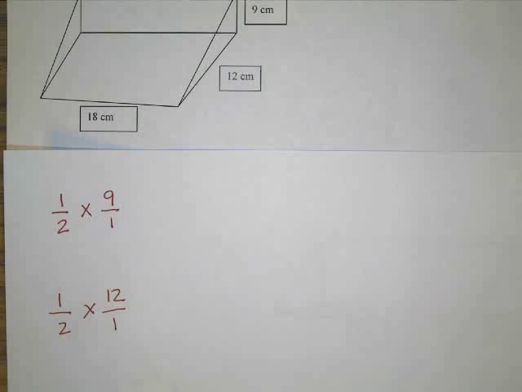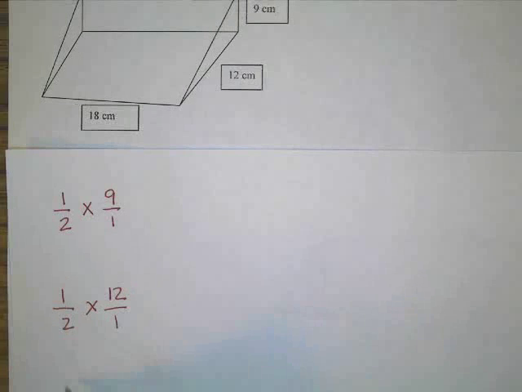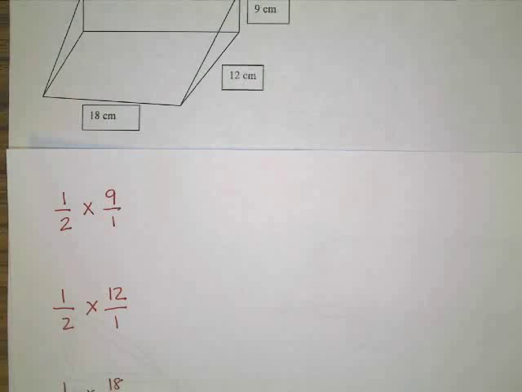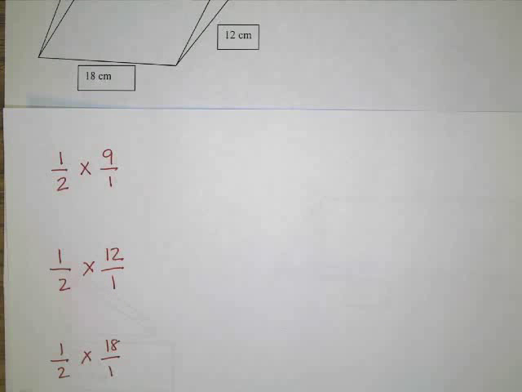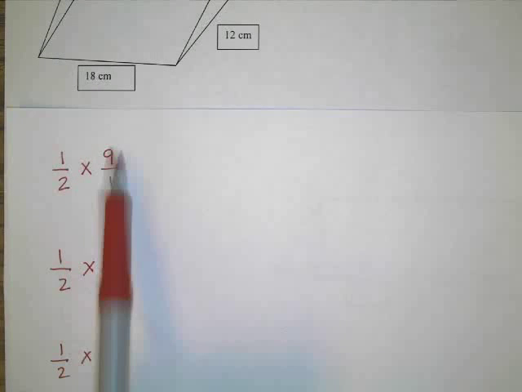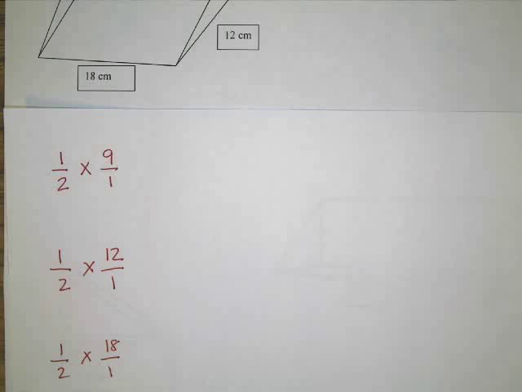I think it's 18. Okay, so Caitlin thinks it's the 18. We have 3 options then. If you think it is 1/2 times 9 over 1, raise your hand. If you think it is 1/2 times 12 over 1, raise your hand.